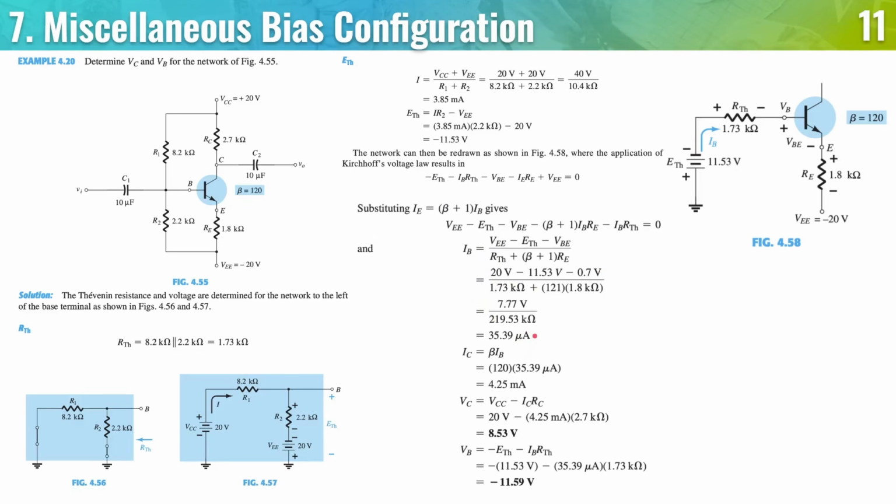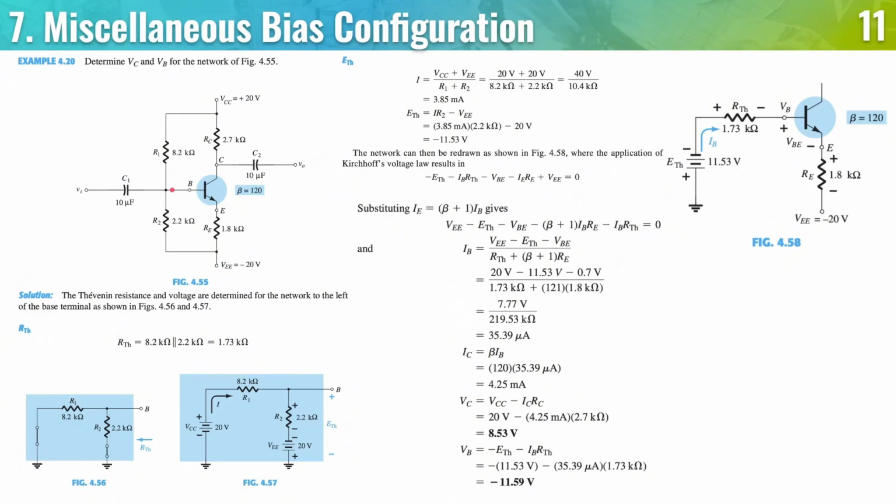Once you're able to get past this part with no problem, we are able to find IC, VC, and VB as normal. So IC is equal to beta times IB. VC is equal to VCC minus this voltage drop, and VB is equal to, let's see, negative ETH minus IB RTH.